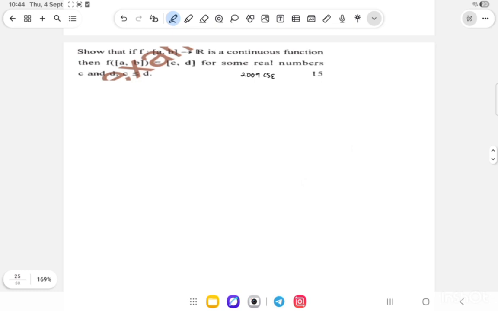The next question says: show that if f is a continuous function from the closed interval [a, b] to R, then the range of f is also a closed interval [c, d] for some real values c and d. So it is given that f is a function from the closed interval [a, b] to R, and f is a continuous function.